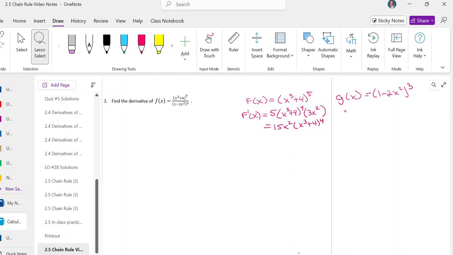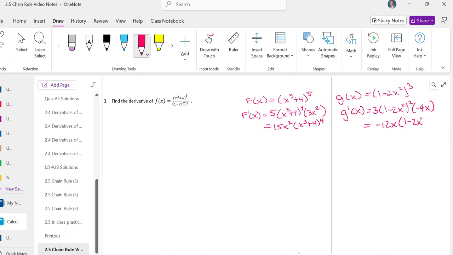For the derivative of g, it would be 3 times (1 minus 2x squared) squared times the derivative of what's inside, which would be negative 4x. So this would be negative 12x times (1 minus 2x squared) squared.